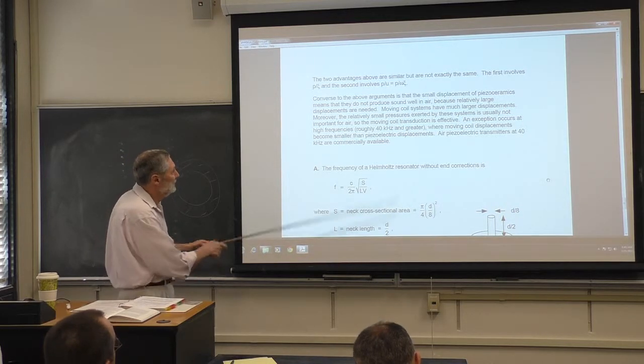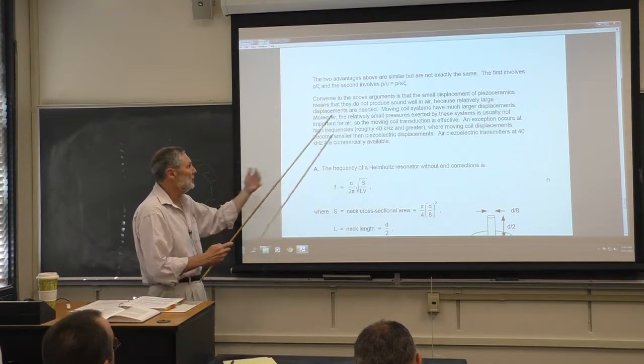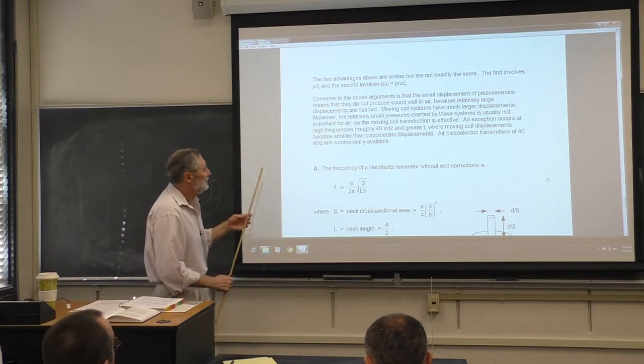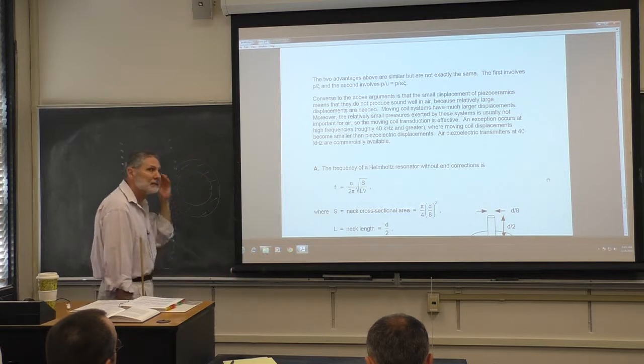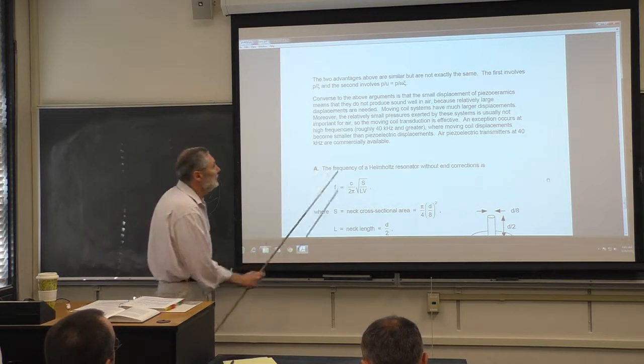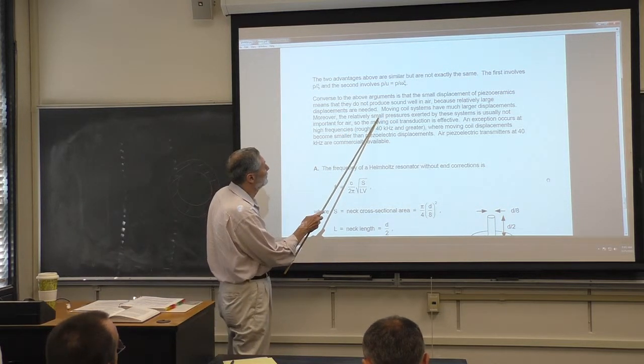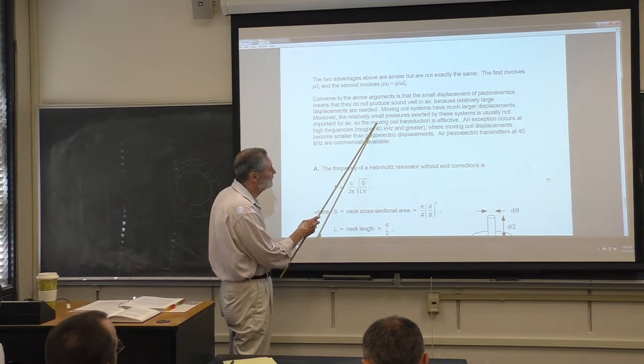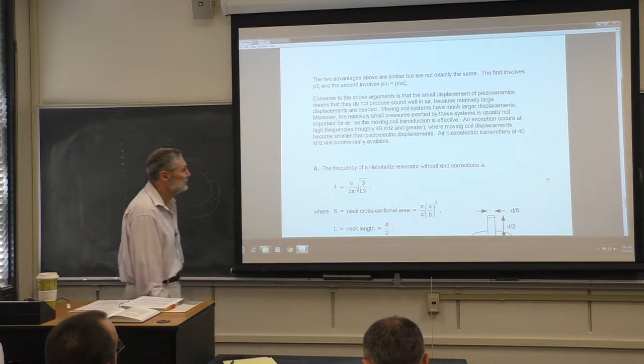And because of the nature of the sound, the impedance, you don't need large pressures here usually. Okay, so that's moving coil transduction is usually what's effective there.